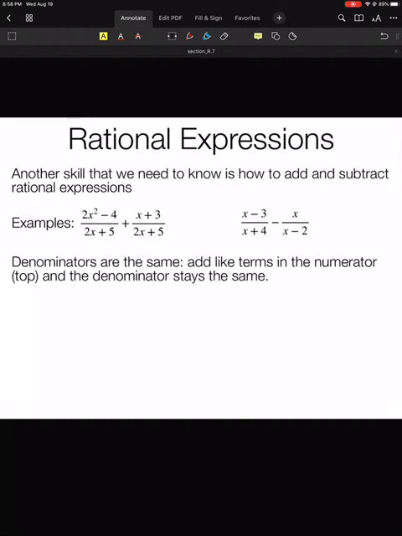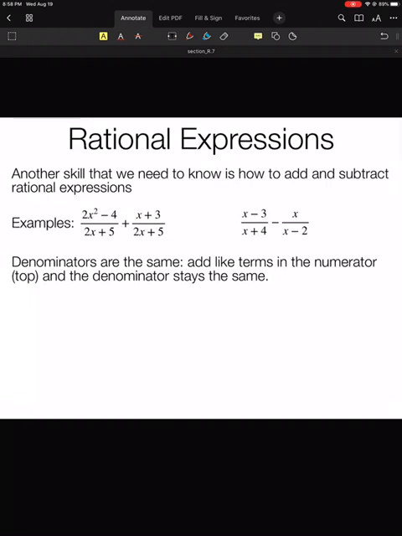When the denominators are the same, like what we have in the left example above, that's easy because then you just add the numerators. Add like terms in the numerator, and the denominator stays the same. If I look in the numerator, the like terms are negative 4 and 3, and so I can add those numbers together and get negative 1.